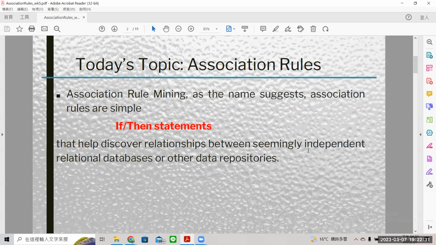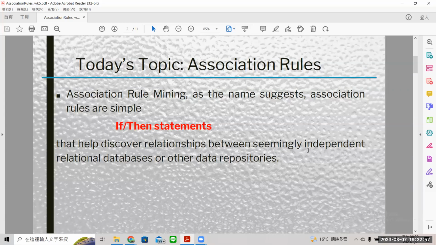What's the relationship within the observed data? That effort will help us discover relationships in relational databases or other data repositories.